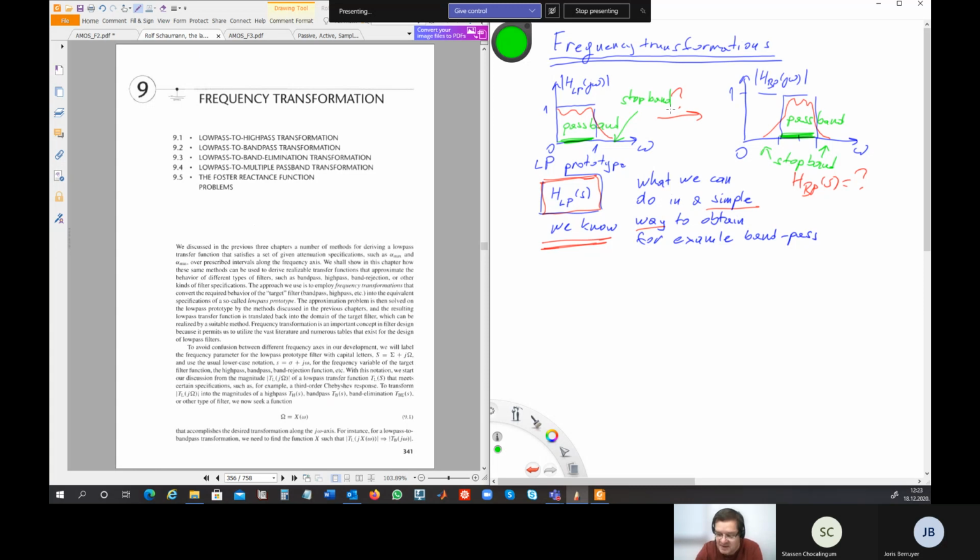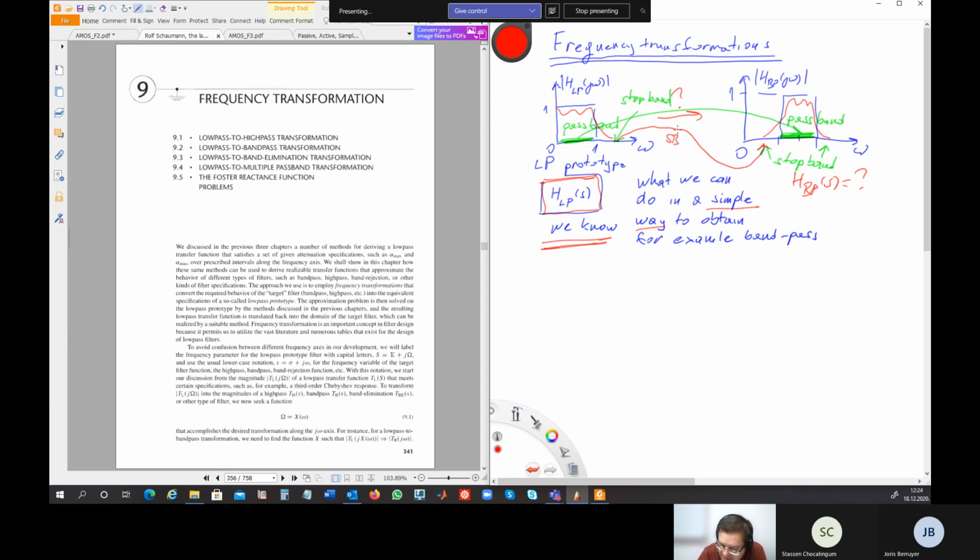Okay, so what we expect is that there is some transformation of the frequency axis, which will connect passband with passband, and also stop band with stop band.